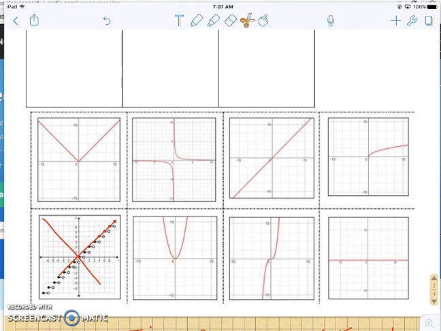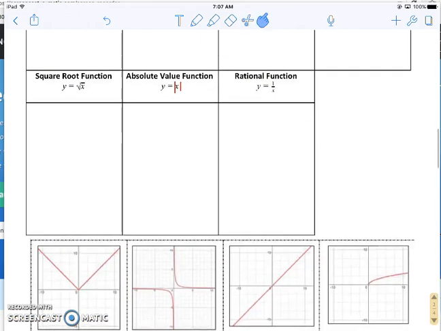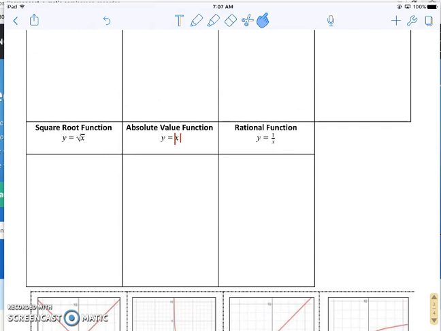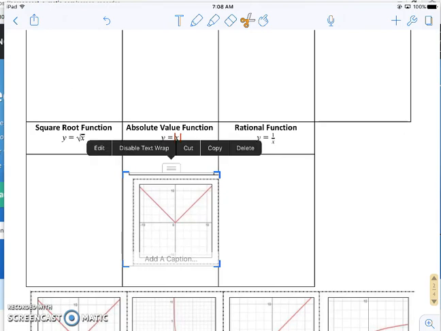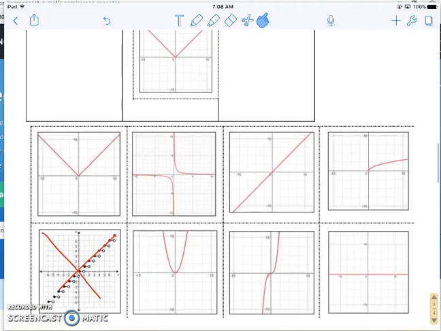So let's see. That's our absolute value function. So we can put that right in here. Let's see what our next one is.